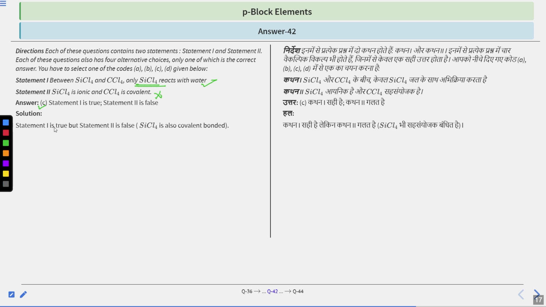And hence, statement 1 is true, but statement 2 is false. SiCl4 is also covalently bonded. Okay, this is the correct form of statement 2. Thus, our option C is the correct answer. Okay, let's move on to the next question.